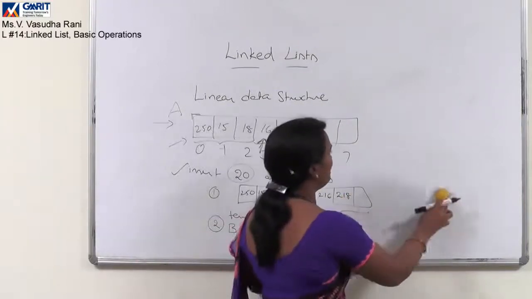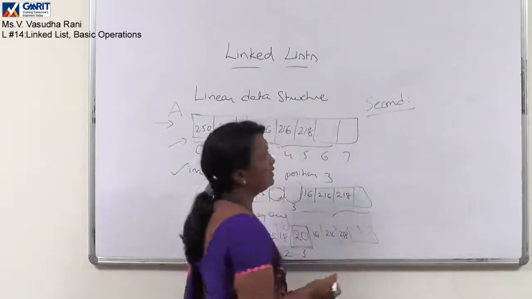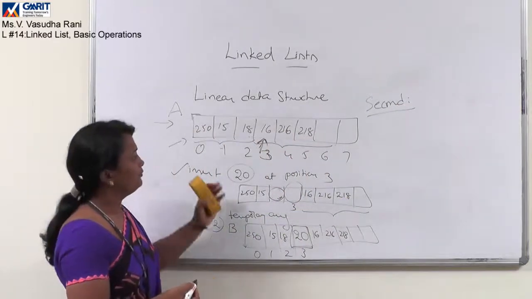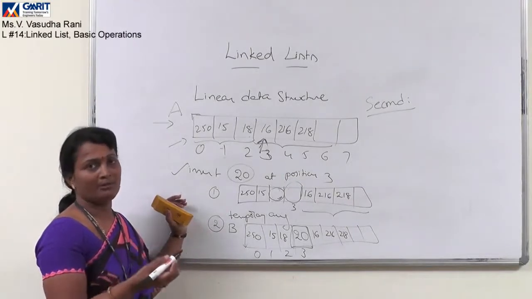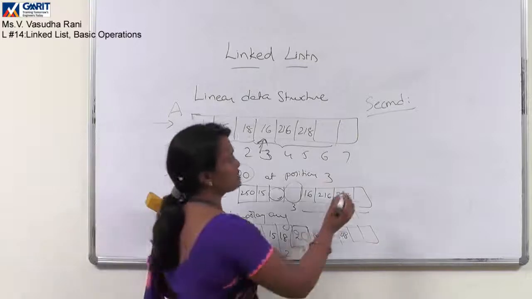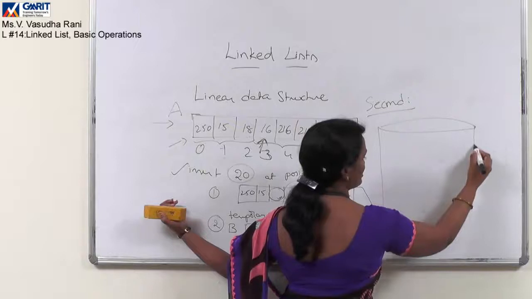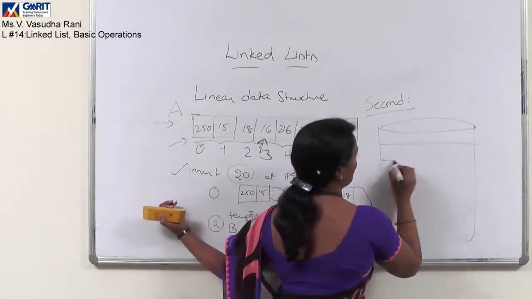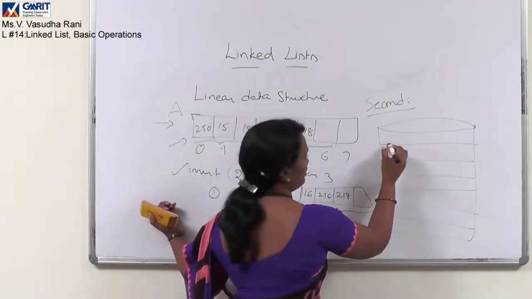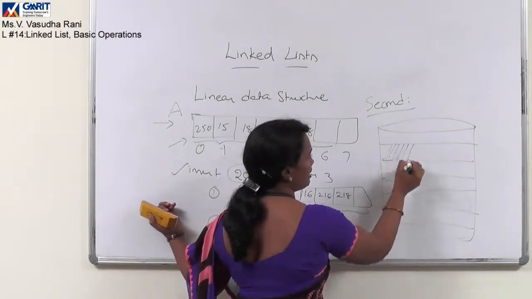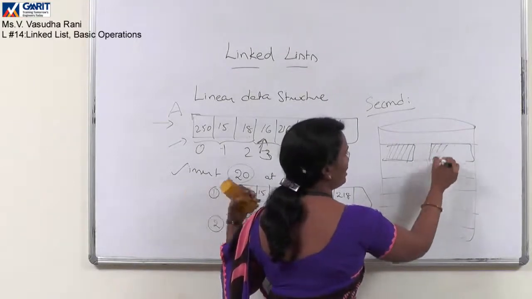And coming to the second drawback of linear data structures: it is inefficient with respect to effective memory management. How it happens is that if you consider your storage, hard disk storage like this, there are blocks of memory, and maybe some memory got utilized and there is some space, and again memory got utilized.